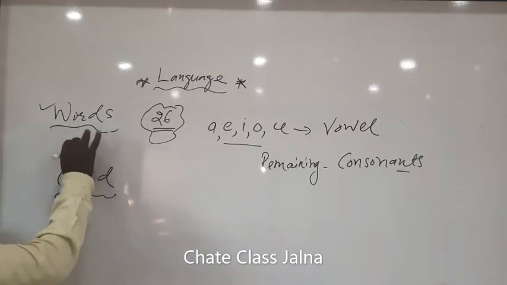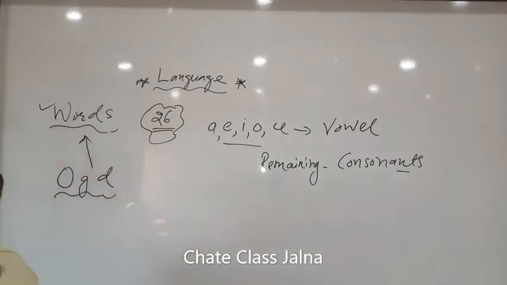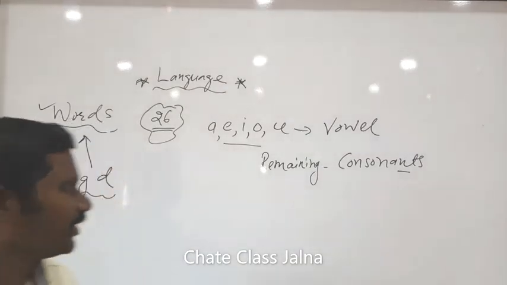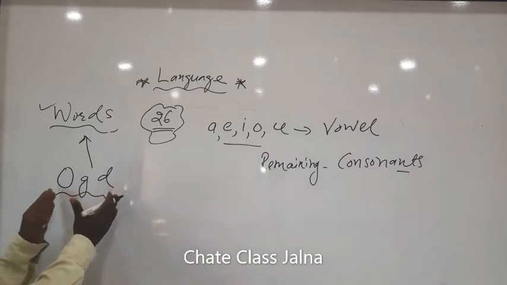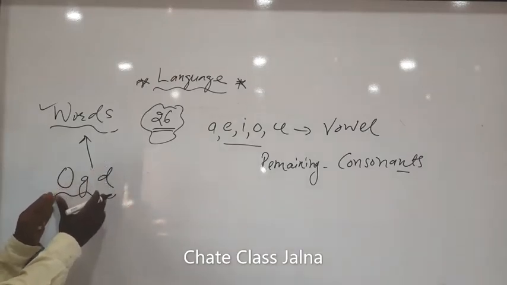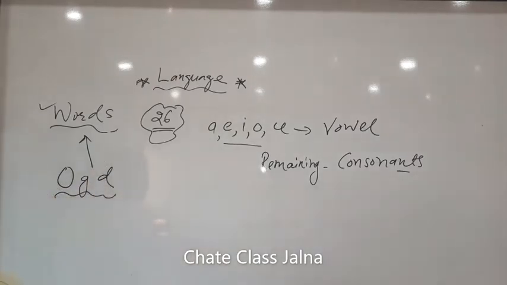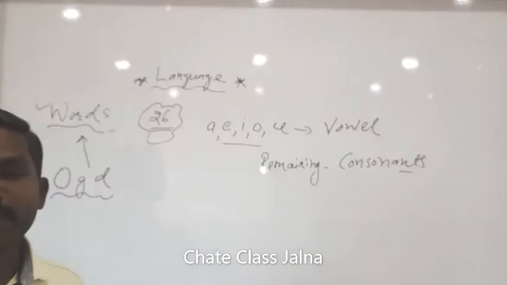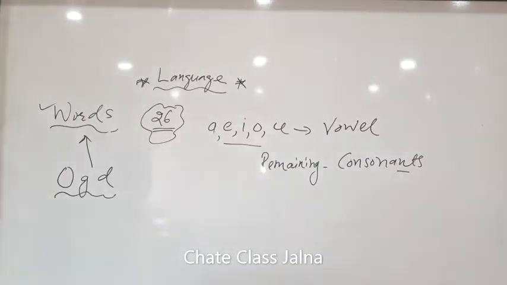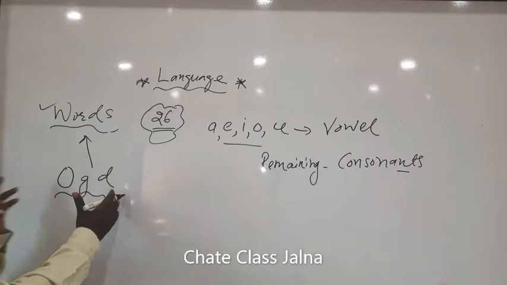Is it called a word? No. Then can you give the reason? The reason is that even though it's a collection of the alphabet, it is not giving us the complete sense or the meaning, and that's why even though this is a collection, it's not a word.